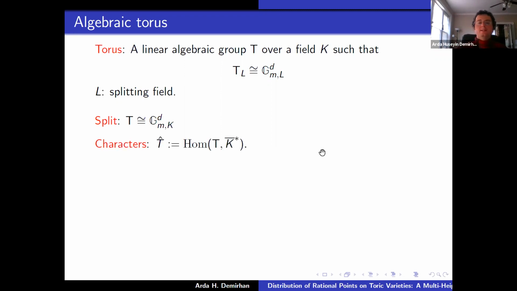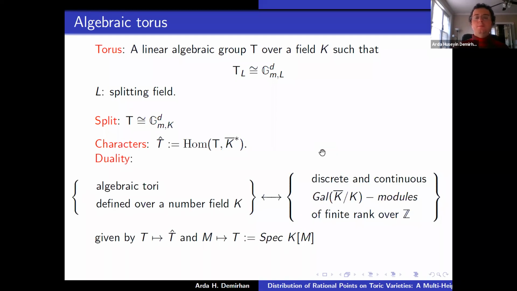We have the characters, T hat, as Hom(T, K-bar star). There's a nice categorical correspondence between algebraic tori defined over a number field K and discrete continuous Gal(K-bar/K)-modules of finite rank over Z: we send a torus to its character group T hat, and conversely send such a module to the spectrum of K[M].